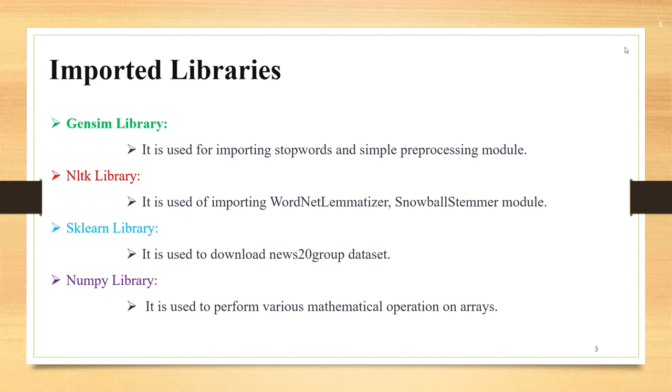Moving on to the NLTK library, we are importing the WordNet Lemmatizer or Snowball Stemmer module. The functionality of both modules is similar. It takes the words and converts them into the root or the base word, for example, running into run, walking into walk. And this is the functionality of the NLTK library in our project.